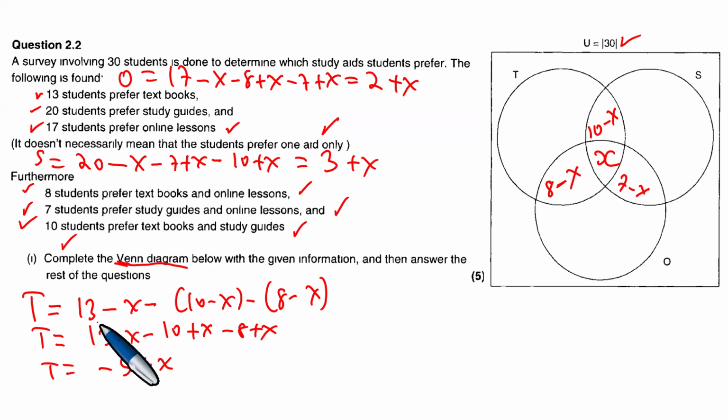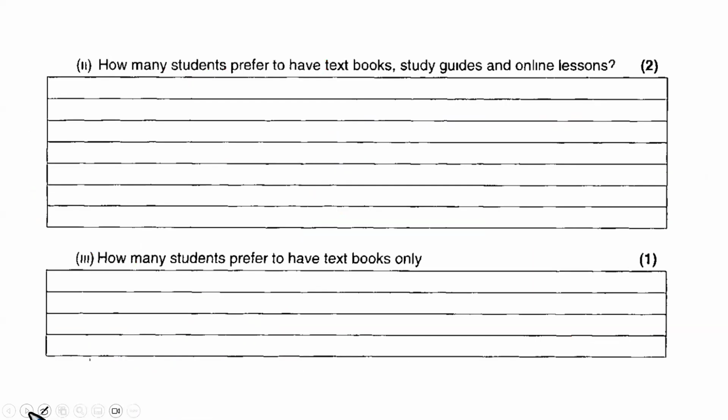For the textbooks, which is 13, when we subtract everything, we have minus 5 plus X. For the study guides, we have 3 plus X. And for the online classes, we also have 2 plus X. With this, we now need to add every single bit together.